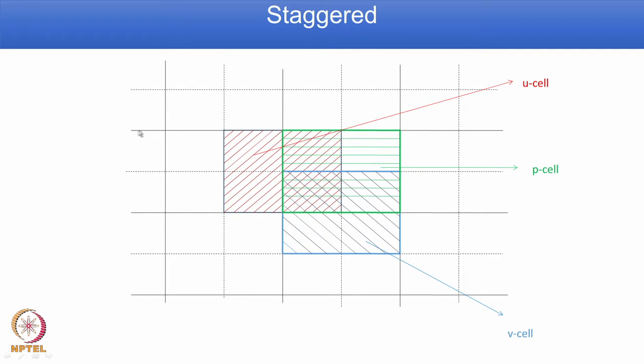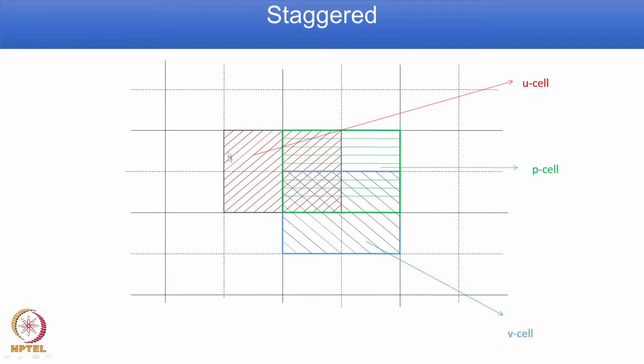Similarly, you get thick horizontal lines, and there is a dashed line in between 2 horizontal lines. We have already seen the staggered grid: velocity variables are stored at staggered locations, and pressure or any other scalar is stored in some other location.